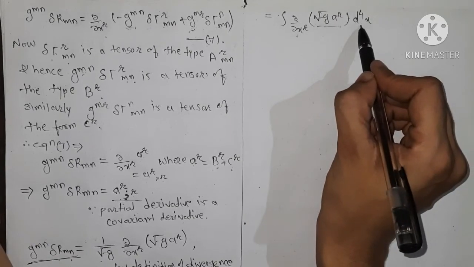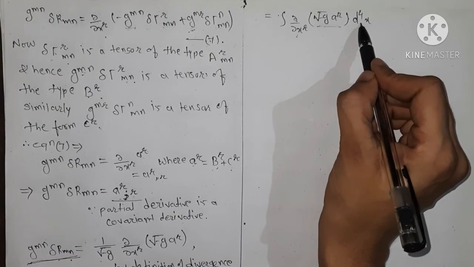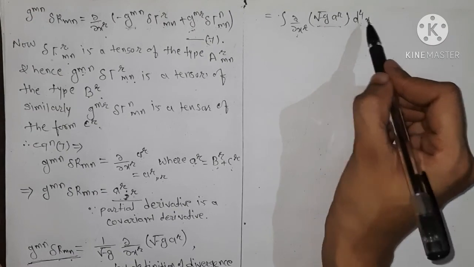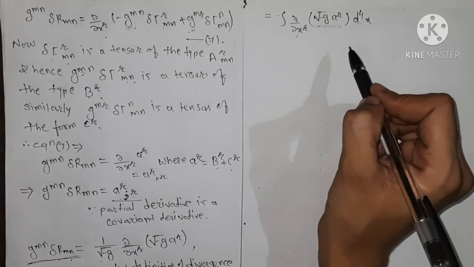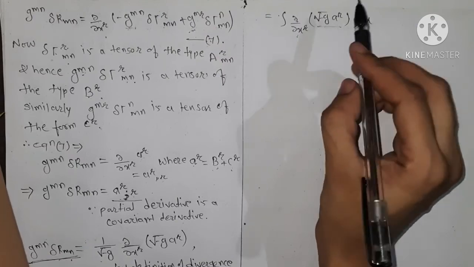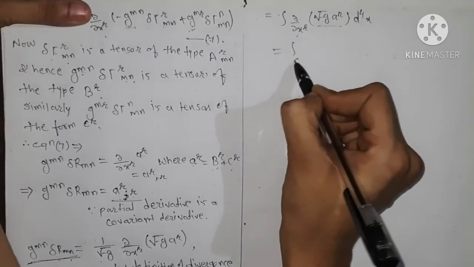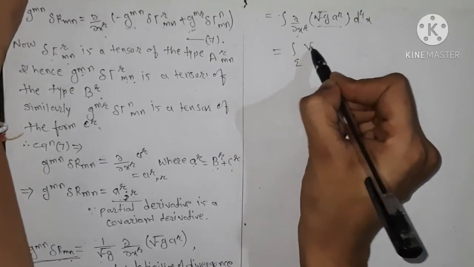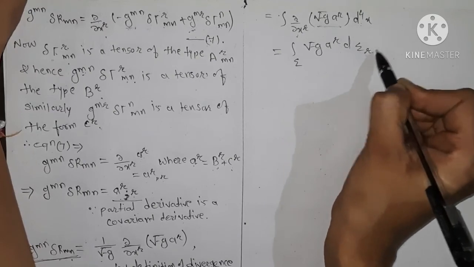And now here the partial derivative of this is a vector, and there is a partial derivative under the 4-dimensional space. Okay, so we change this integral into the 3-dimensional hypersurface, that is a hypersurface in 4 dimensions. So we use the relation here that is called the Gauss theorem. So this is equal to the integral over Σ of under root of minus g A^r dΣ_r.